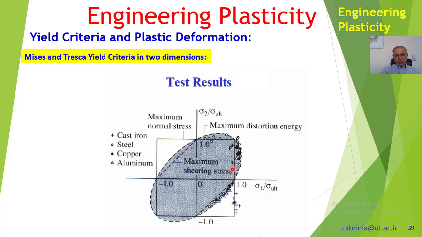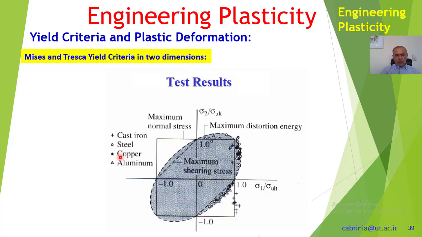So these plus signs, you see, are inside the Tresca and Mises criteria. So that's the picture for different materials, aluminum, copper, steel. You can see these Tresca and Mises are good for them, but for cast iron they are not good. This maximum normal stress is good.